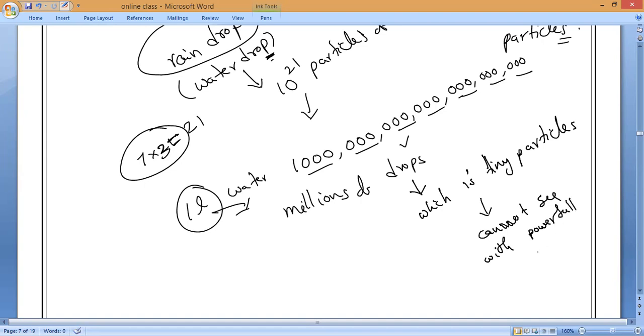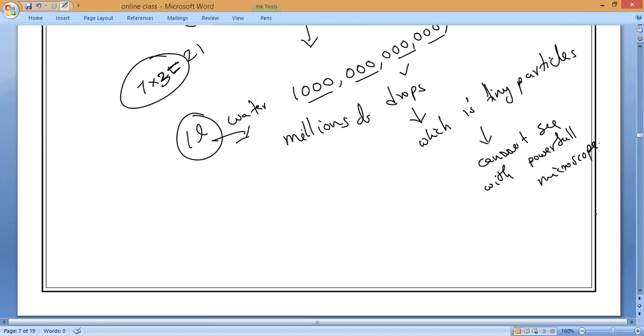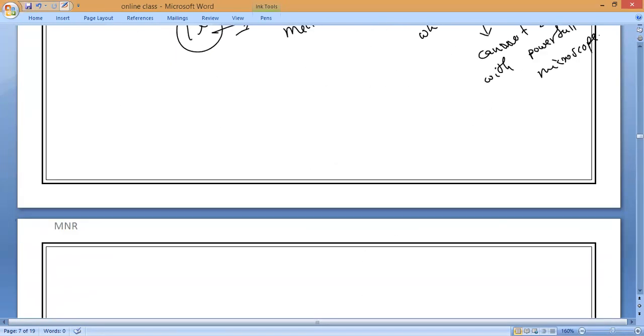So from that we can say every matter is made up of extremely tiny particles. Understand that the tiny substances we call particles.